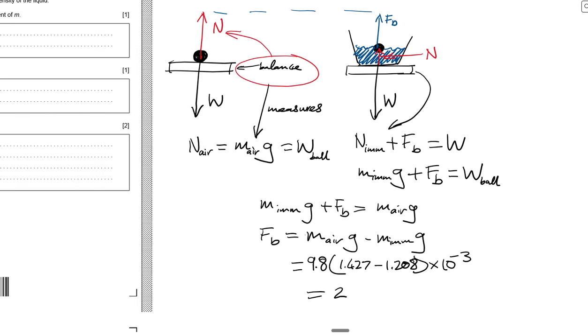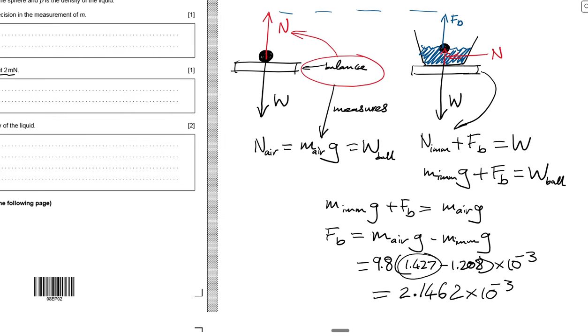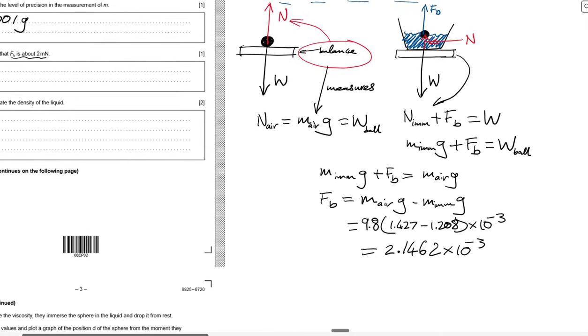What we have is 2.1462 times 10 to the negative 3. And what we want to do is write this in 4 SF, right?